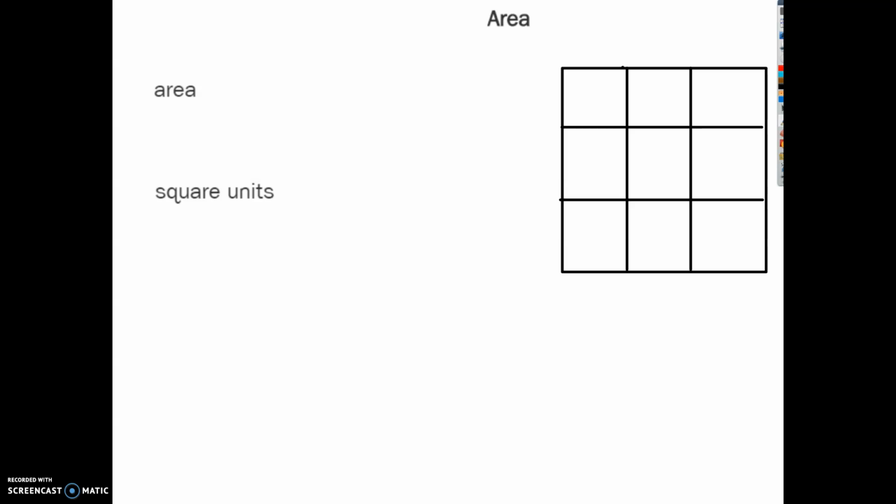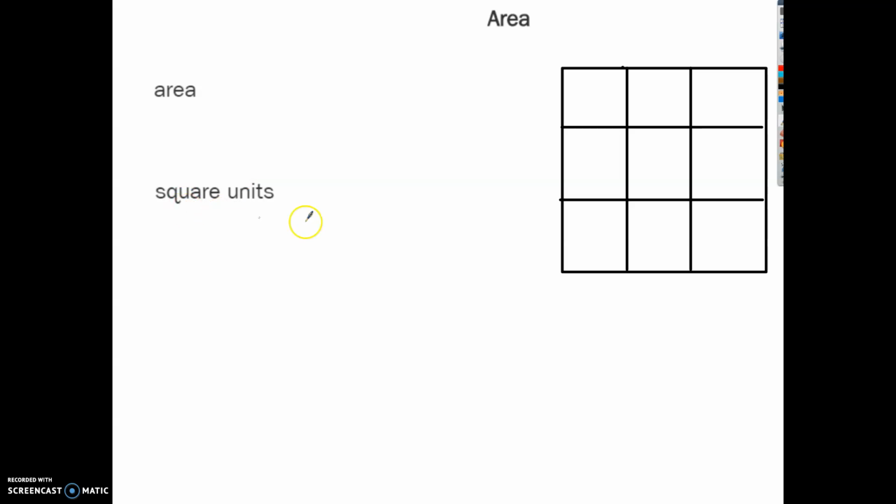Put that large square to the side for now, and I want to focus on the word area. We are also going to work on finding the area of a shape. Okay? So the area is the amount of surface inside the shape. Perimeter is what is on the outside. Area is what is on the inside.